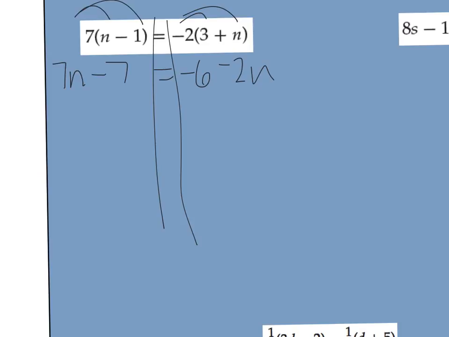Combine like terms on either side if you need to. I can't. Get my variables to one side. Bring my constants to one side. Divide. And plug it in and check your solution.